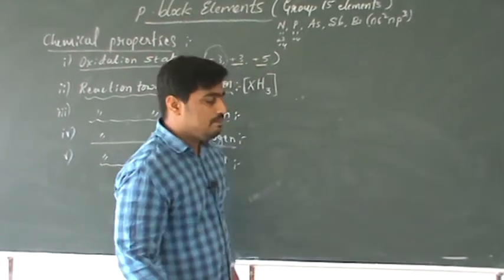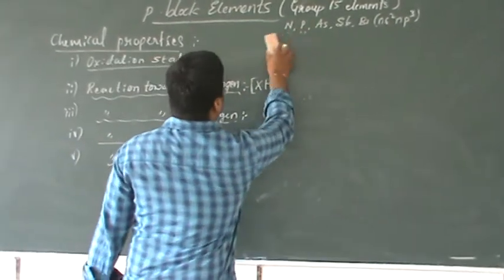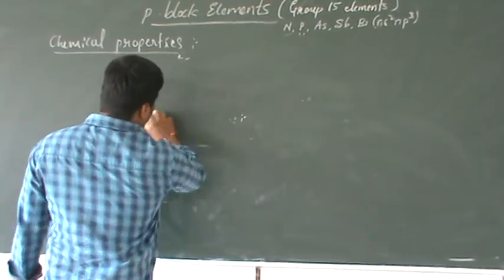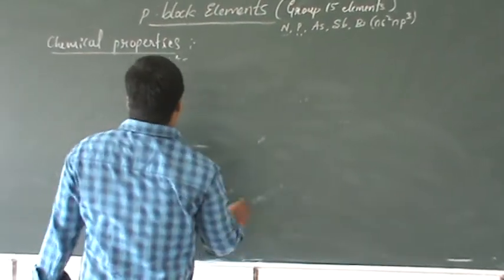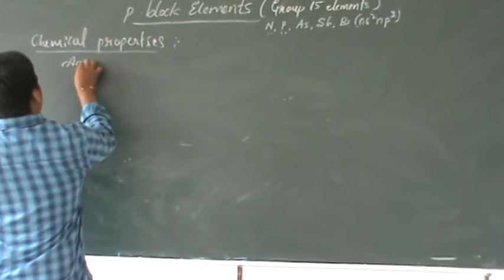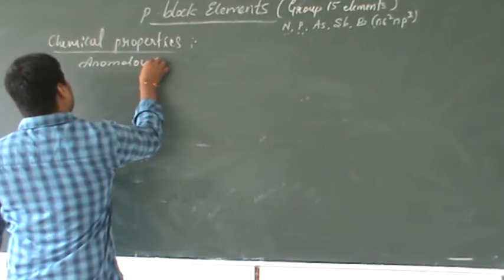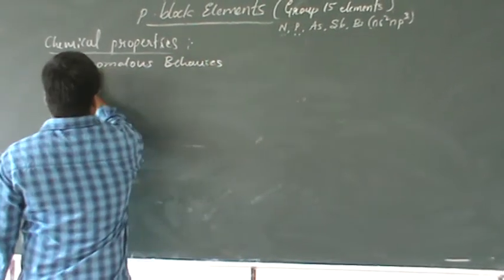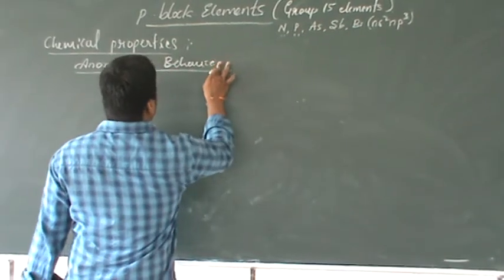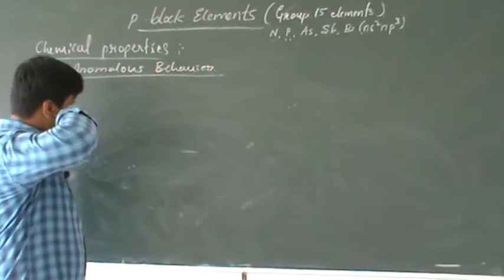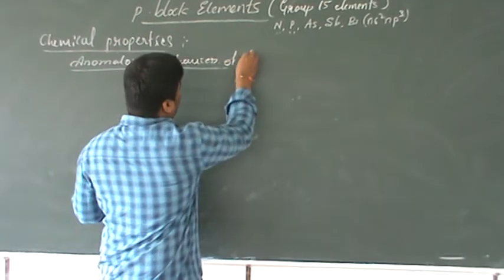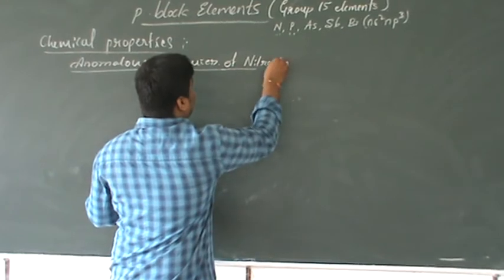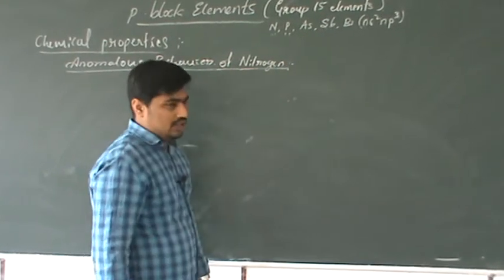Okay, next we move on to the anomalous behavior of nitrogen. Very important concept for your exam. The last part of this chemical behavior is anomalous behavior. Why does nitrogen behave differently? What is the meaning of anomalous behavior?